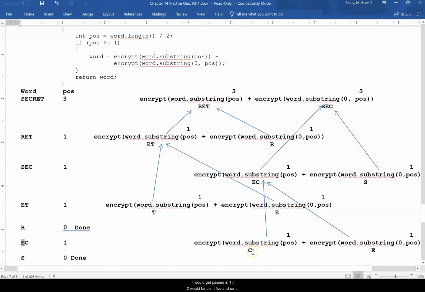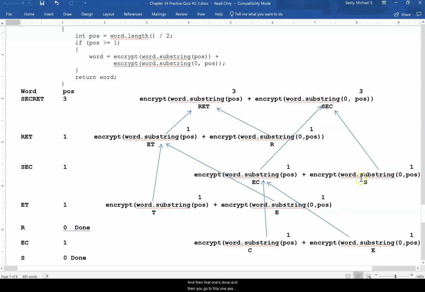So if you were to pass this one in, C, it would get passed in. 1 divided by 2 would be 0.5, or 0, so that wouldn't be greater than 1. And then the same thing would go here. So these are done. So then you do C, E, and then that one's done.